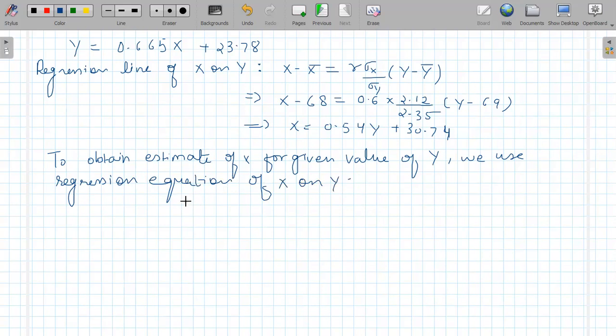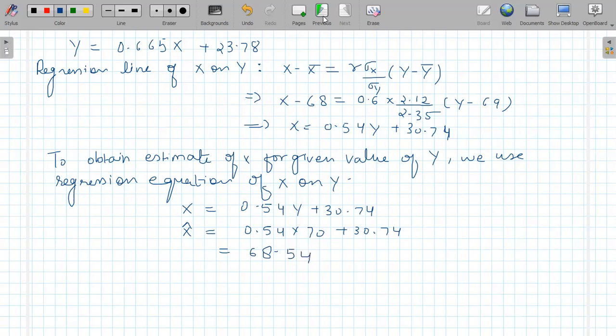So regression equation of x on y is 0.54 y plus 30.74. So estimated value of x is 0.54 into 70 plus 30.74. That comes out to be 68.54.